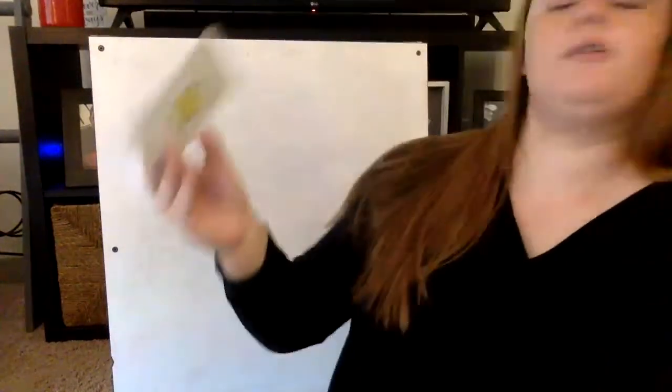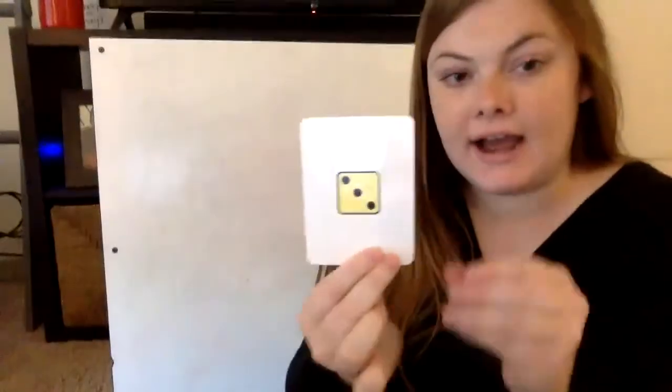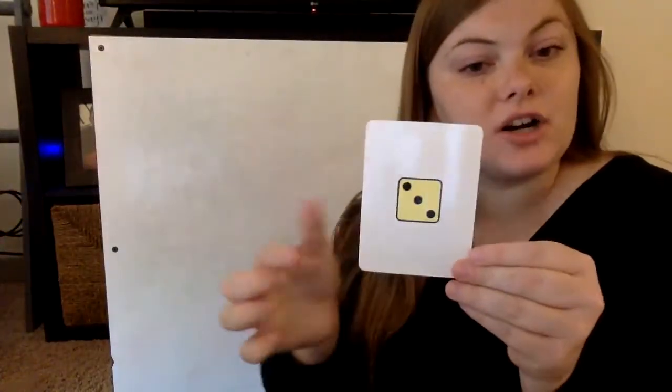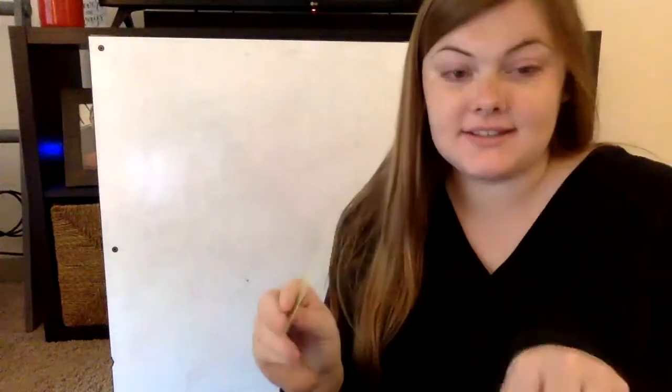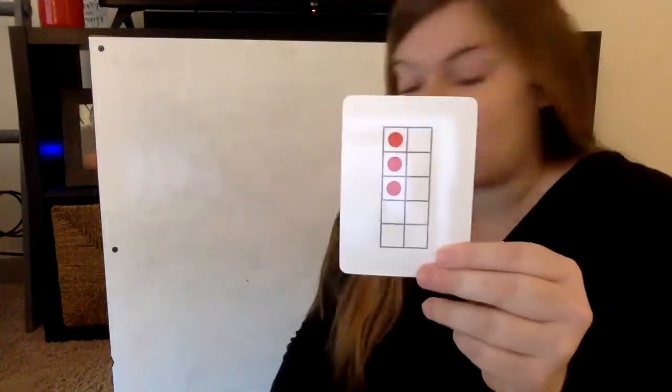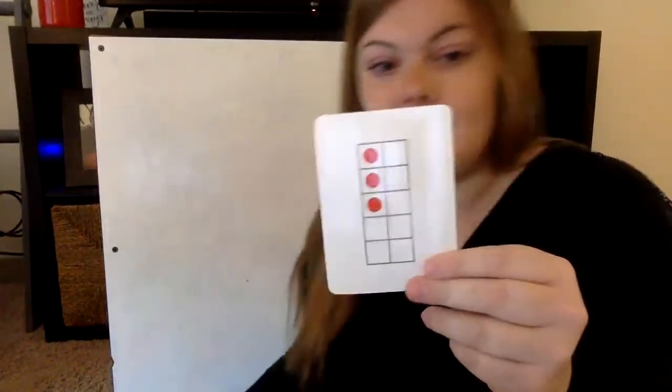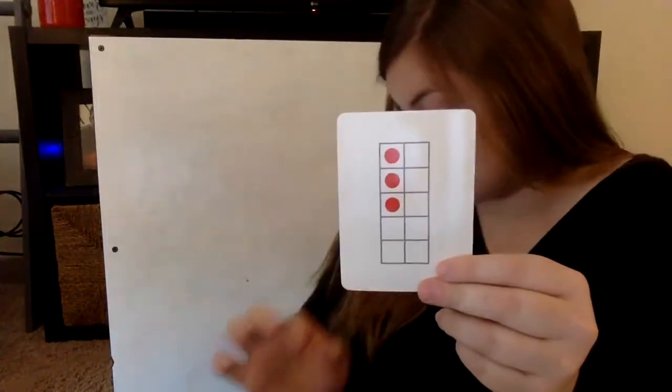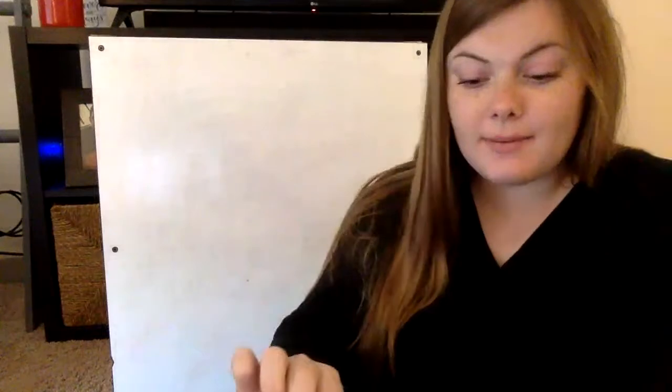Here's our 3. Okay, here's our dice. How many dots are on our dice? 1, 2, 3. That's the same as our number. Good job. Here comes our 10 frame. How many dots are in our 10 frame? Yep, 1, 2, 3. Good job.